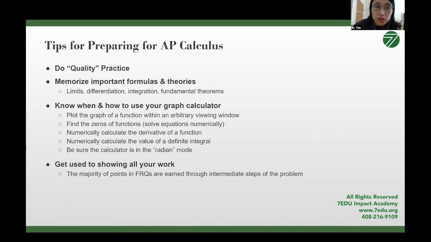Okay, and also when you do the practice, instead of doing semi-real problems, you actually want to practice with past real test questions. Okay, because no matter how popular a textbook or prep book is, if those questions are not from the real test, they may mislead you into doing problems that you won't see in the real test.